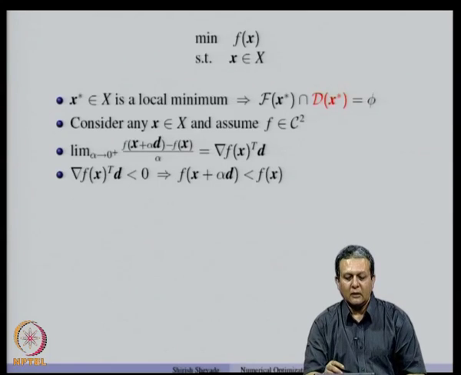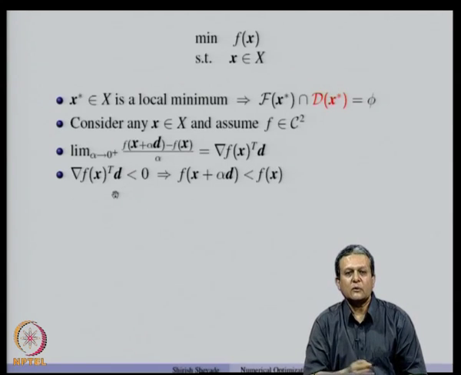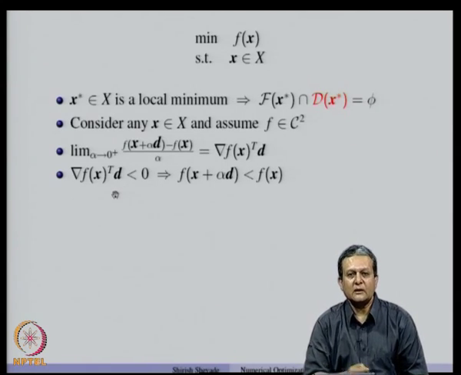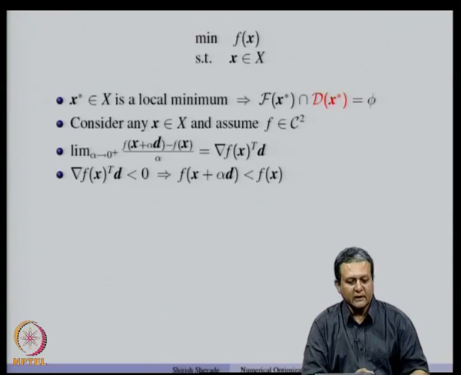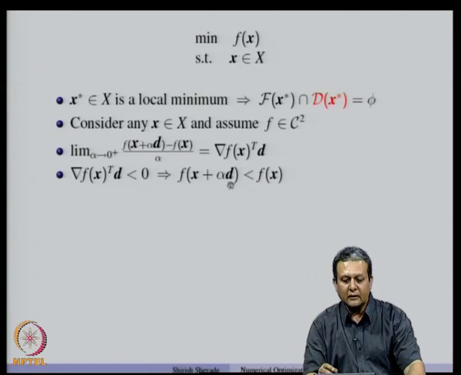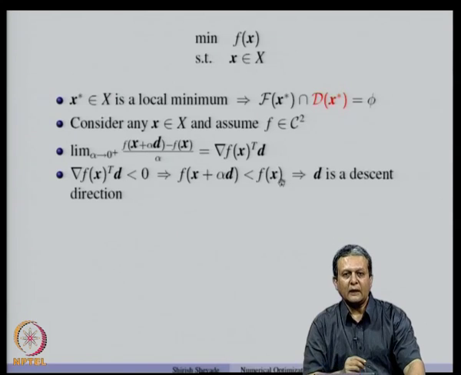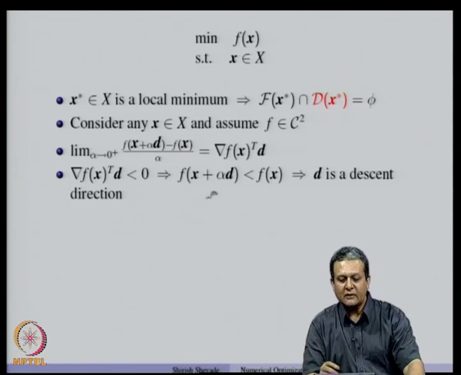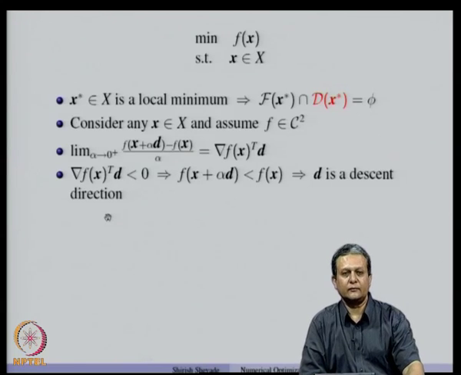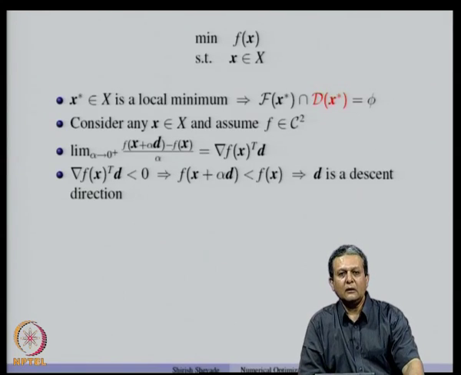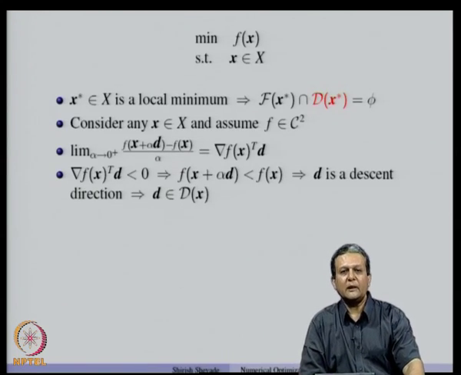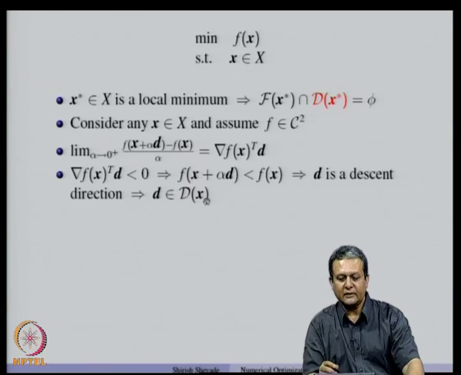So, gradient f x transpose d less than 0 implies f of x plus alpha d is less than f x. This will be true for sufficiently small positive alpha, and therefore, we can say that d is a descent direction, and therefore, d belongs to the set D x.